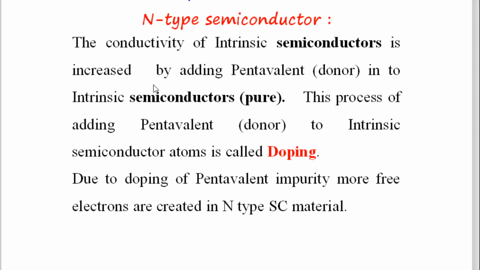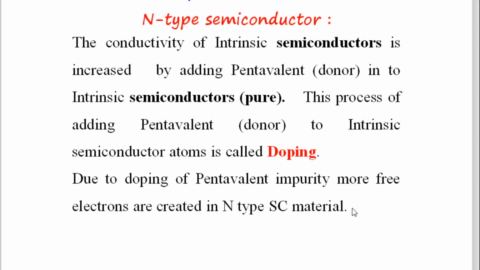This process of adding pentavalent impurity, that is called donor, to intrinsic semiconductor atoms is called doping. Due to doping of pentavalent impurity, more free electrons are created in N-type semiconductor material.